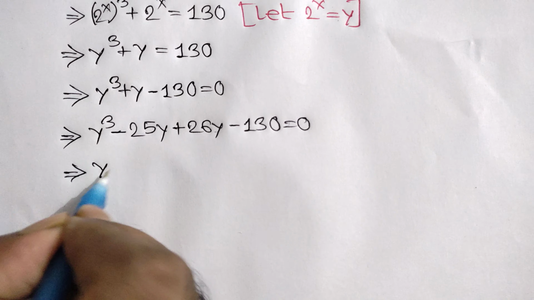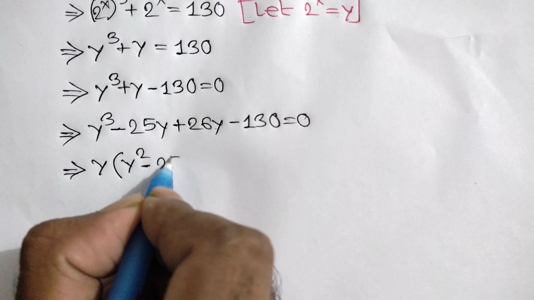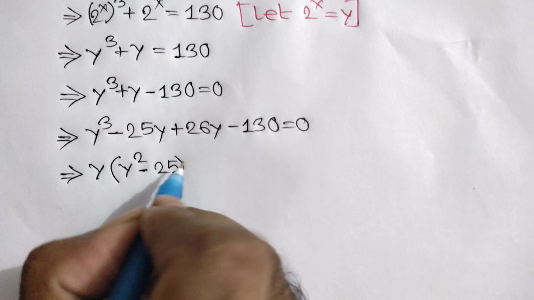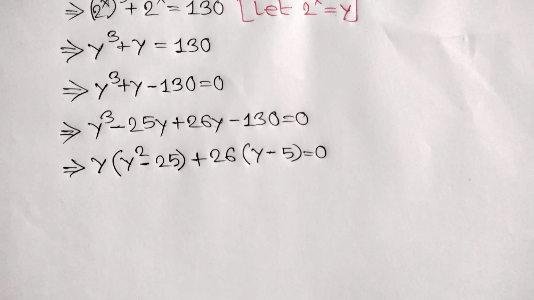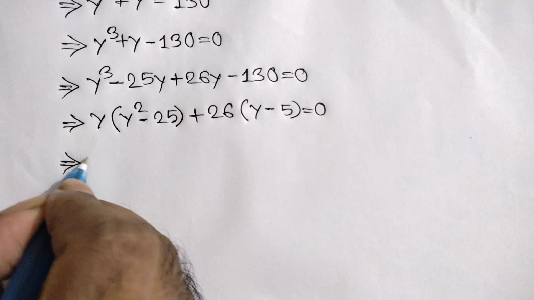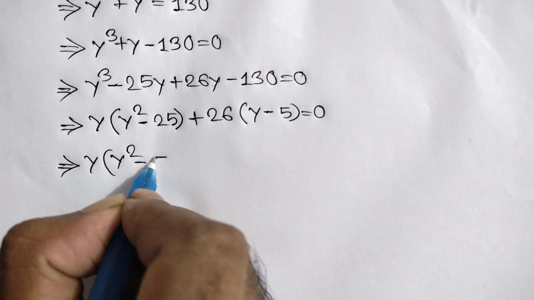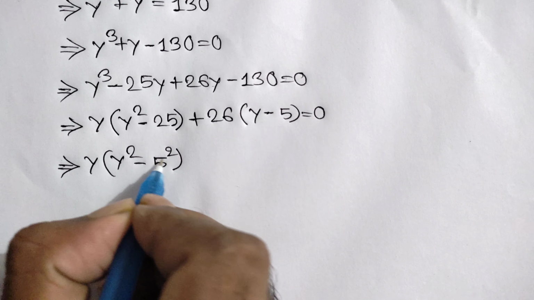Now taking common y from the first two terms, we will get y times y square minus 25, plus taking common 26 from the last two terms, we will get 26 times y minus 5 is equal to 0. Or y times y square minus 25, which can be written as 5 square because 5 square is the same as 25, plus 26 times y minus 5 is equal to 0.